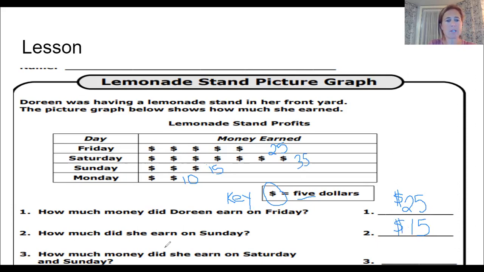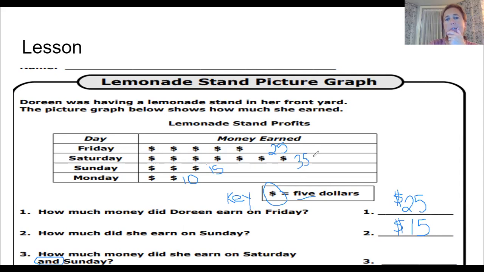Now the last question. You can't see too terribly well, so I'm going to move this up here. How much money did she earn on Saturday and Sunday? This word here combines Saturday and Sunday, which means we have to combine those two numbers, or add them. We have Saturday here, Sunday here.